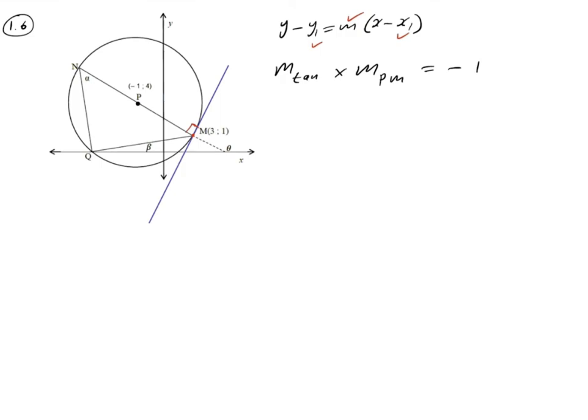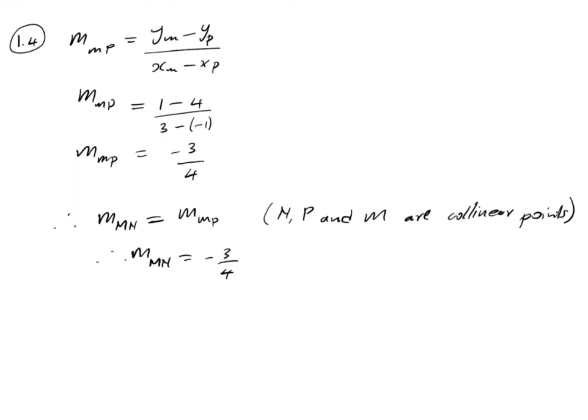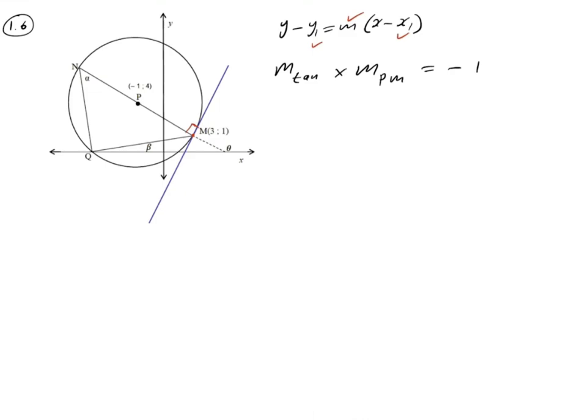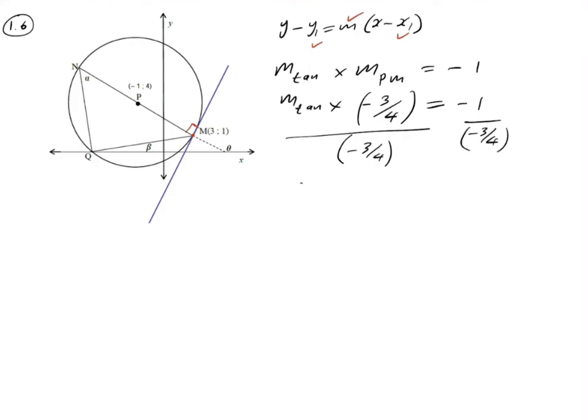We already know the slope of PM, which is the same as the slope of MN. The slope of MN is given as -3/4. Therefore, here it's going to be M10 times -3/4 is equal to -1. And then from here, we divide both sides by -3/4. Therefore, M10 is +4/3.